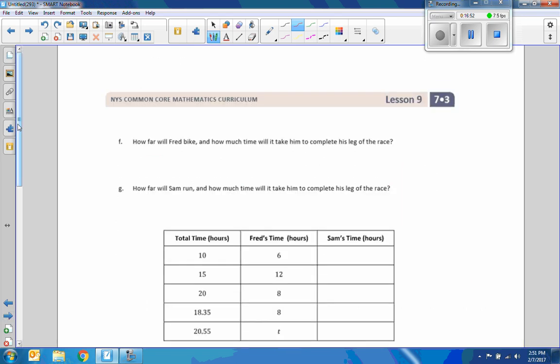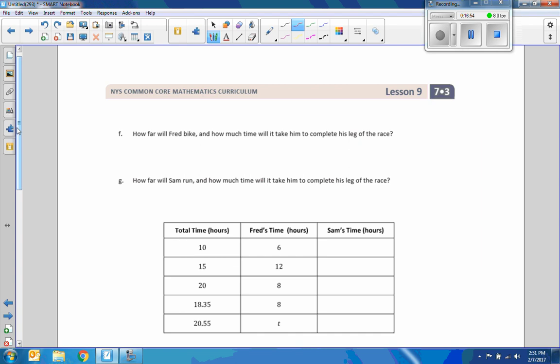F. How far will Fred bike, and how much time will it take him to complete his leg of the race? Okay, so Fred, if you remember, is 8t. His distance is 8t. Remember, d equals r times t, and we had d equals 8t. That's Fred's biking. It's 8t, which is 8 times 14, and 8 times 14 is 112.